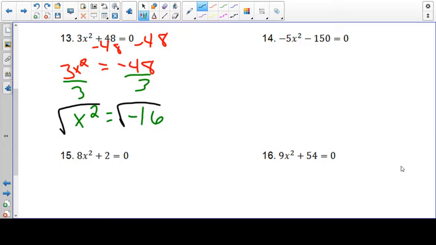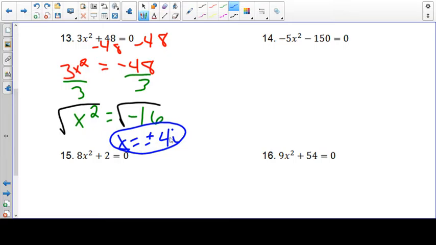They're all connected together. So then x is equal to plus or minus 4i. Because remember, when you take the square root of something, you could technically have the negative version of it. So the square root of 16 is 4. Square root of the negative sign is i, and then you can have positive or negative.